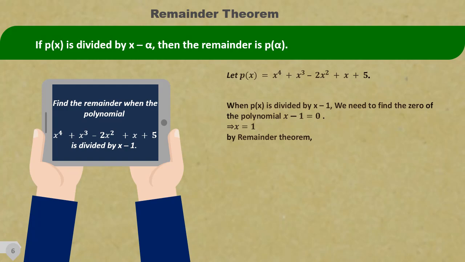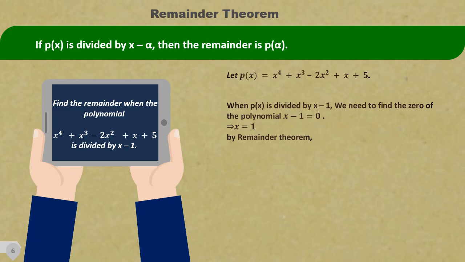Similarly, in this question, to find the remainder when p of x is divided by x minus 1, put x minus 1 equal to 0 to get the zero. Then x equals 1.